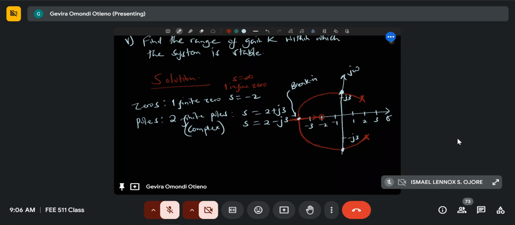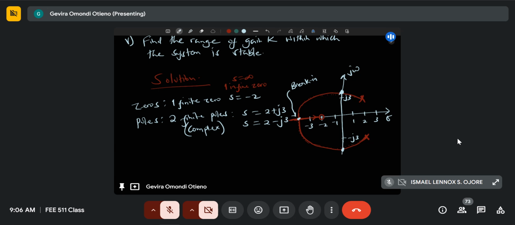Now, the number of branches is, remember, we define a branch as a path that one pole traverses. So each pole has its own path. The path for each pole is known as a branch.